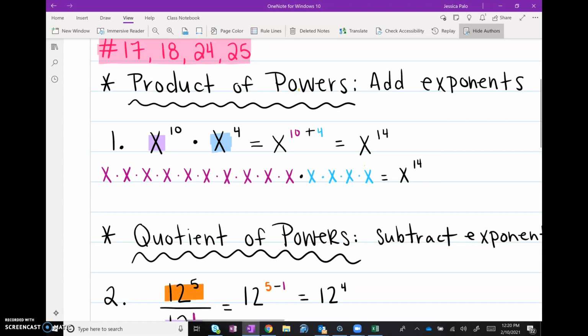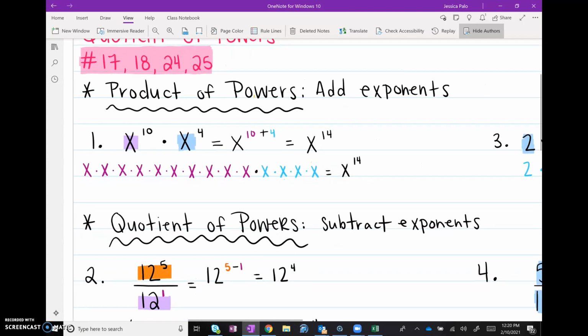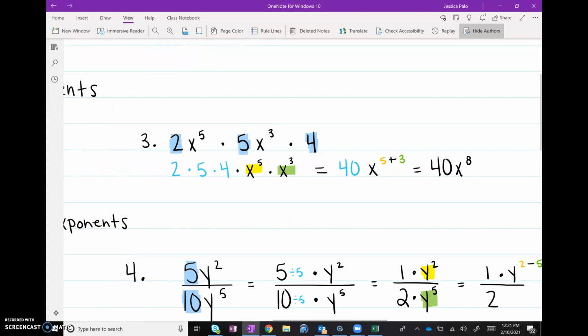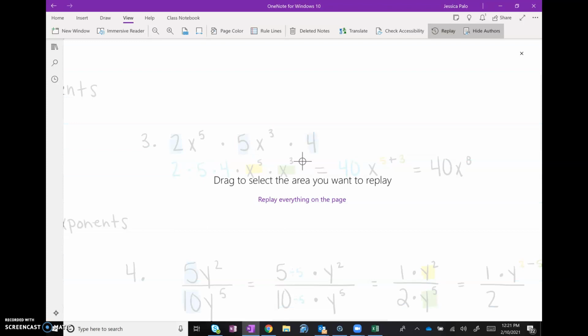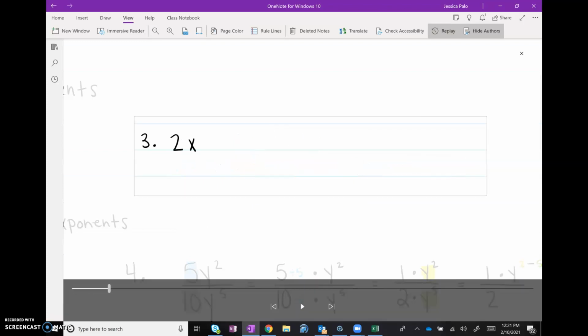We also did product of powers property with coefficients. So that was this example. This time we just used the product of powers property. So the problem was 2x to the 5th power times x to the 3rd times 4.